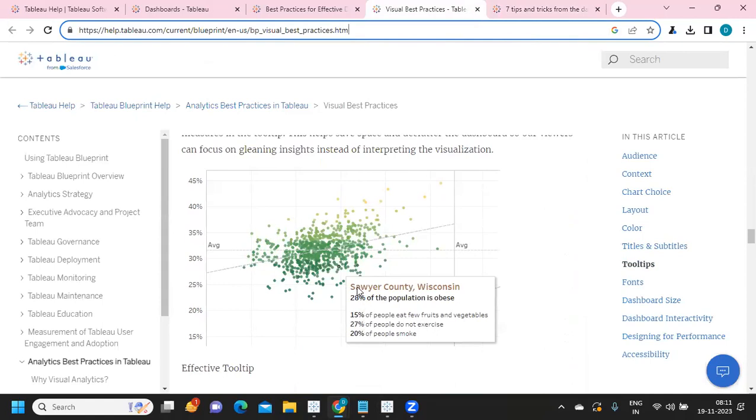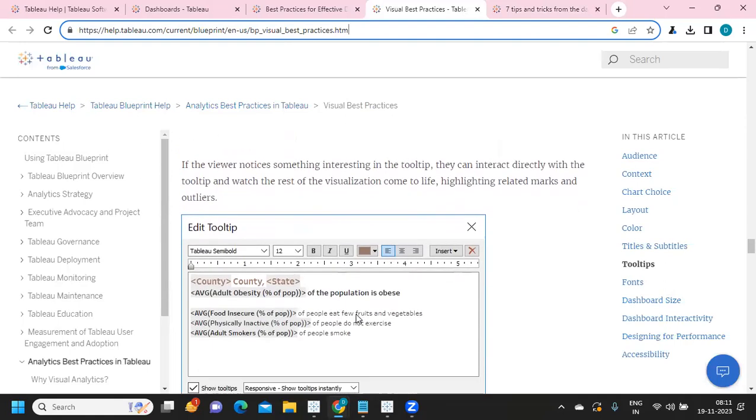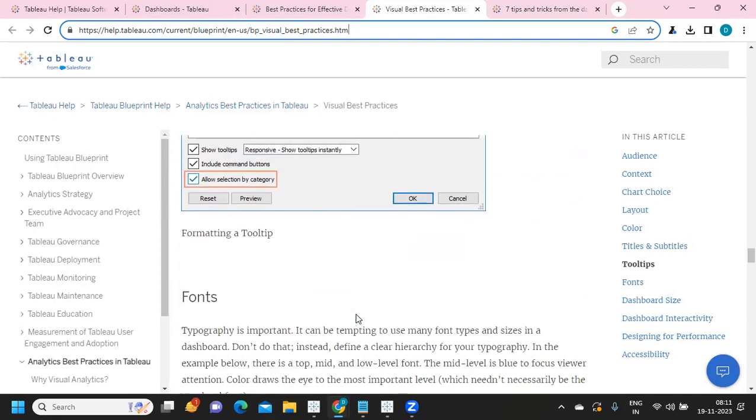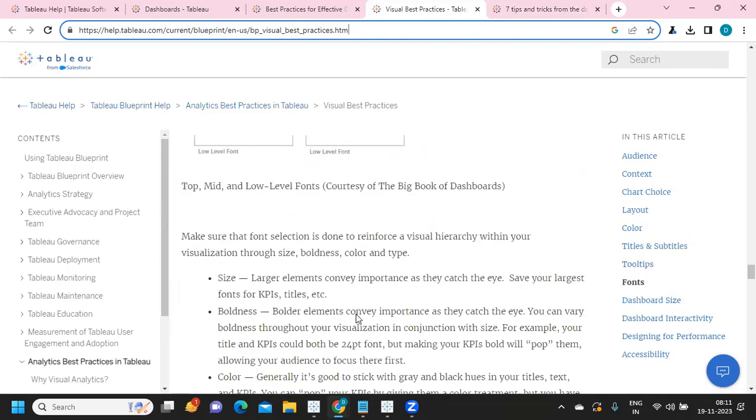So in a single tooltip, we have three different options: different font color, size, and style. That way you can make your dashboards effective. Remember this point: fonts are very important.